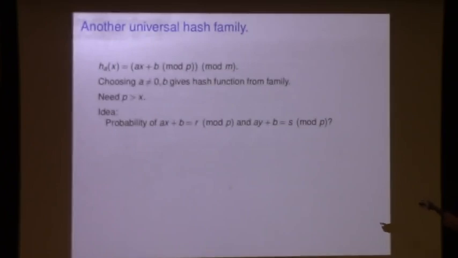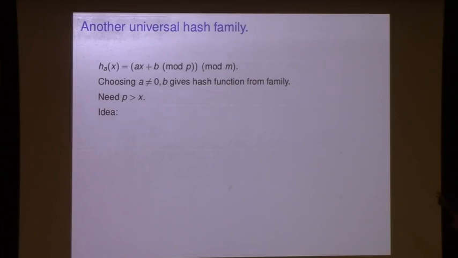Here you can read p as just something that allows you to do this modular arithmetic that makes it possible to argue about these functions described with a and b, and I'll argue about them in a minute. And then the last thing is just modding out to the right size of the table.